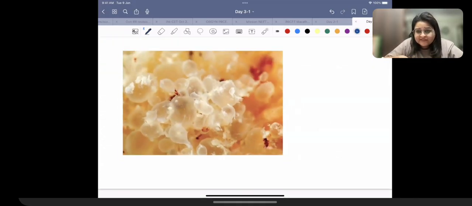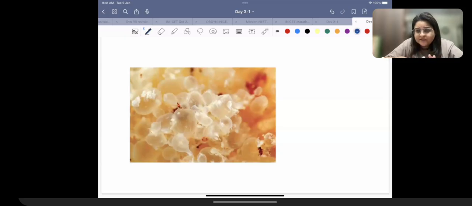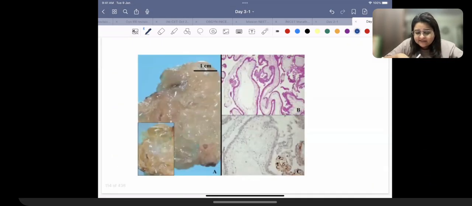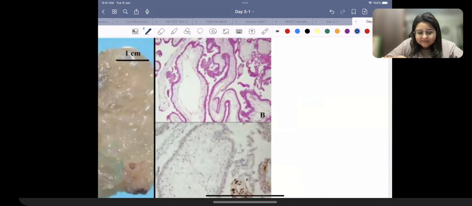I think all of you have seen this in your museums, in the specimen jars in your obs and gynae department. This jar is always there, either in pathology or in obs and gynae. This is again a complete mole, the grape-like vesicle classical presentation. So you should know these two images. This is the histopathology of the grape-like vesicles.